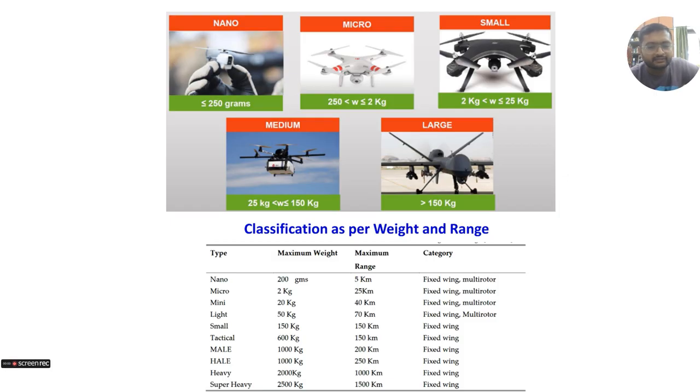Now as the weight is increasing, what is happening? Range is also increasing. If we go from nano to super heavy, range is increasing and weight is also increasing. If the weight of a drone is up to 50 kg, it can be multi-rotor, but as the weight increases, it becomes a fixed wing drone or hybrid.